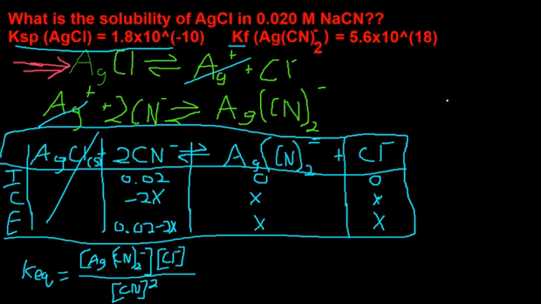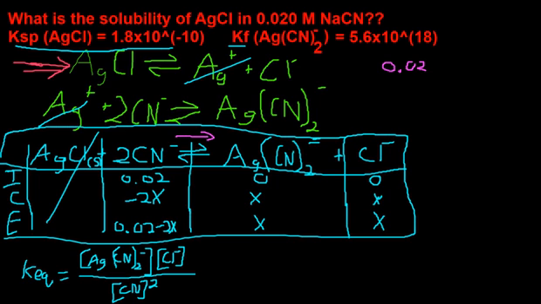Our cyanide starts at 0.02, and then some of it goes this way to form silver dicyanide.